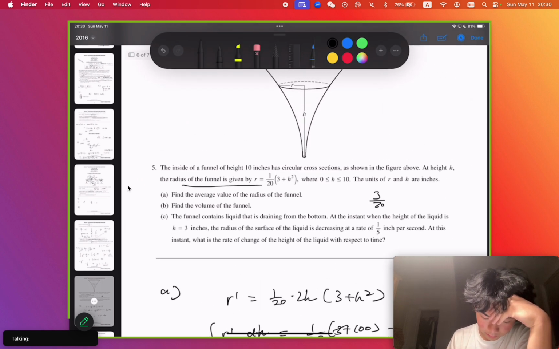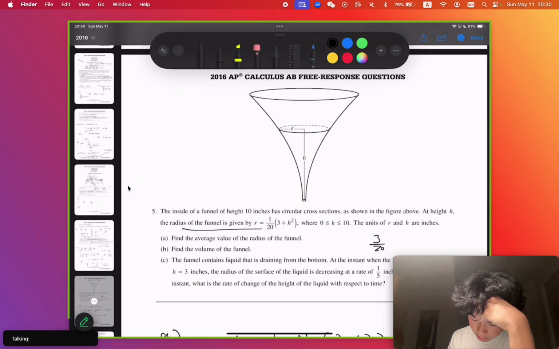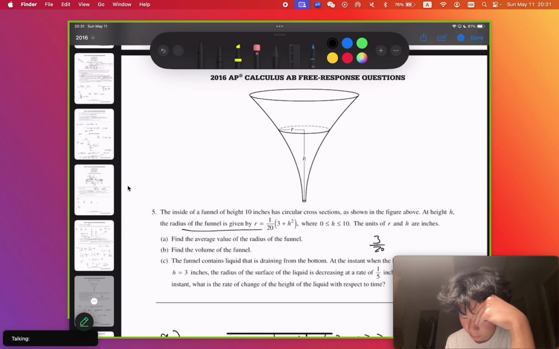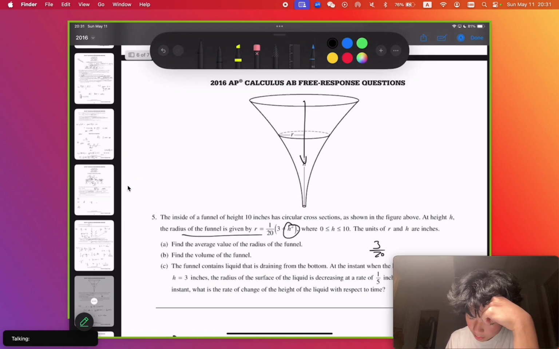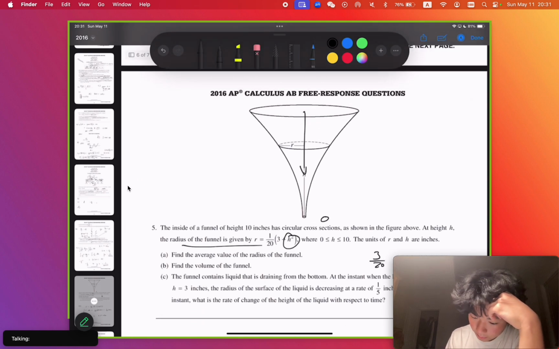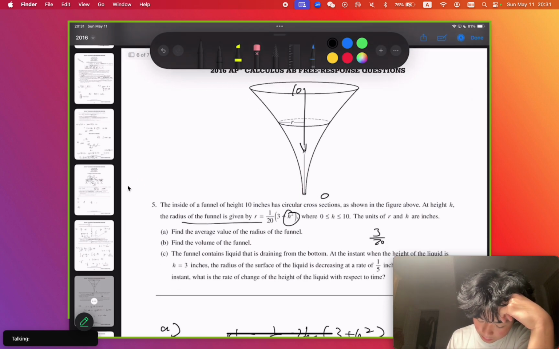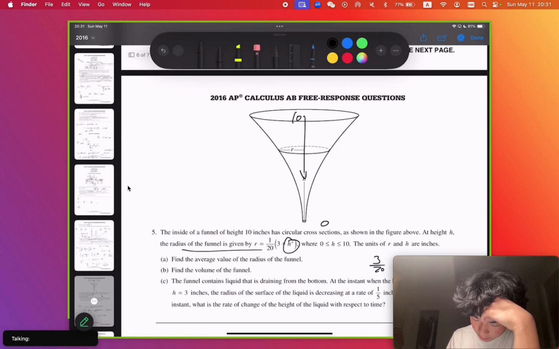Okay, B, find the volume of the funnel. Let's see. So I think apparently this is dy, because you're going from here to here, and then the h is the value that is changing. It's changing from, this is 0 and this is 10. All right, so let's see if we can represent this in terms of that.